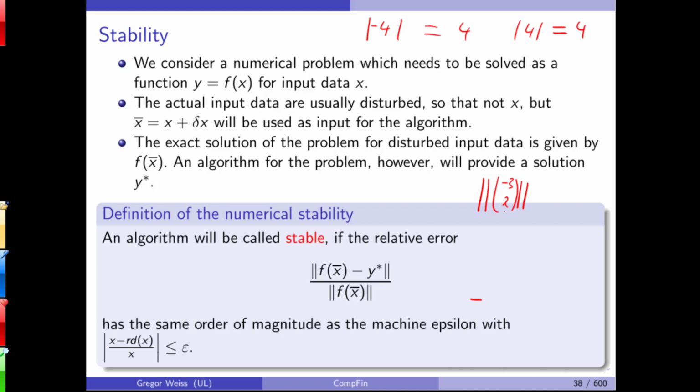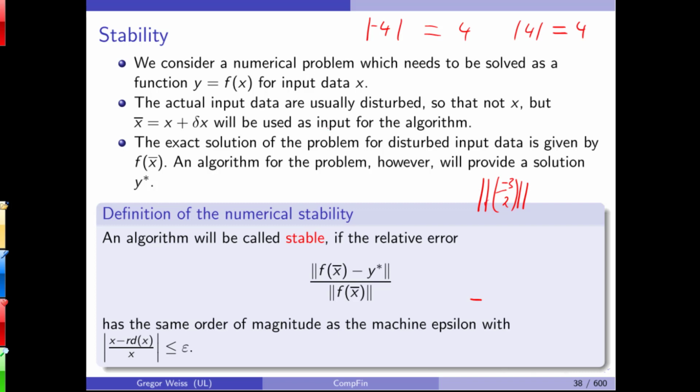It's supposed to be the distance to the zero point. So f, x bar, y star and so on could be a number, a vector, or a function, but we need to generalize the idea of an absolute value, right?